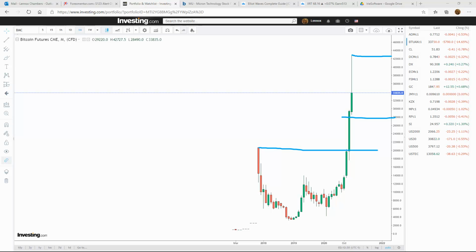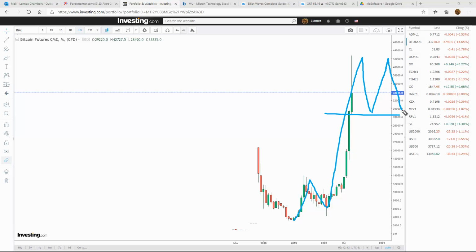So is this it? Are we done? That's totally possible for at least a short term. We could again get some pullback back down to resistance, we could see some violence in here, of course, and before we continue to the upside.